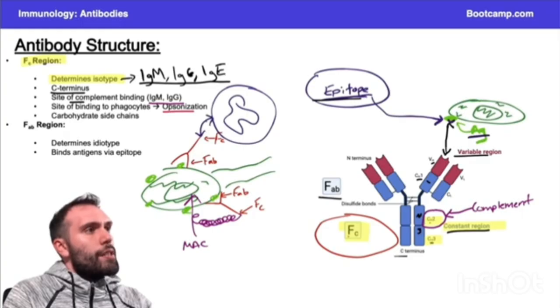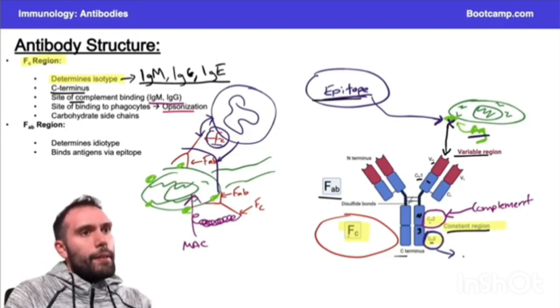It's going to have a receptor here that can bind to this Fc portion, and that Fc portion will essentially stimulate this phagocytic cell to then undergo phagocytosis and digest this bacteria. Again, binding to the Fc portion, that's actually going to happen here at this third heavy fragment. This is where we're going to stimulate phagocytosis through opsonization. I'll just put that down here, opsonization.